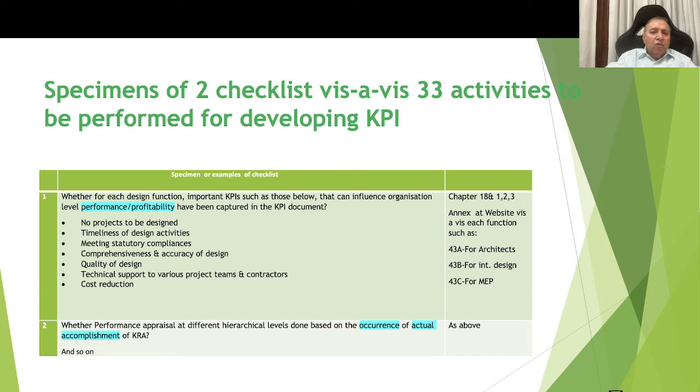The checklist must include, for example, the number of projects to be designed, timeliness of the design activities, meeting the statutory compliances, comprehensiveness and accuracy of the design, quality of the design, technical support to various project teams, and cost reduction parameters, whether these are part of the KPI or not. Whether performance appraisals at different hierarchical levels are based on the occurrence and actual accomplishment of the KRA, or based on hunch. So these are the important parameters for the KPI out of 33 activities which are performed by the designers.